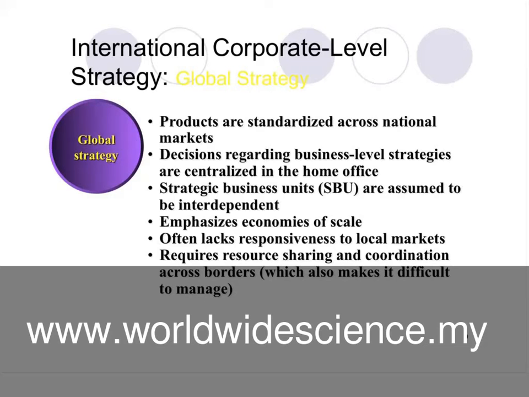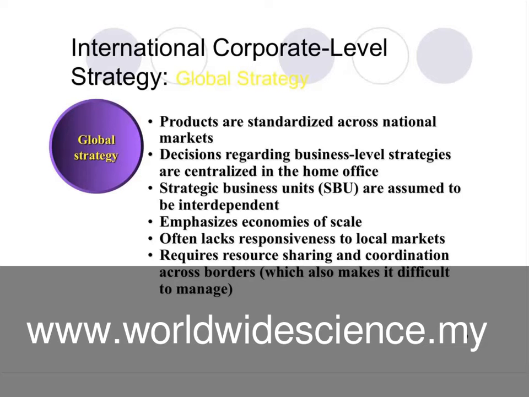Decisions regarding business level strategies are centralized in the home office. So you're centralizing everything in your headquarters, in your home office. So your home office decides for all the different markets that you're serving.